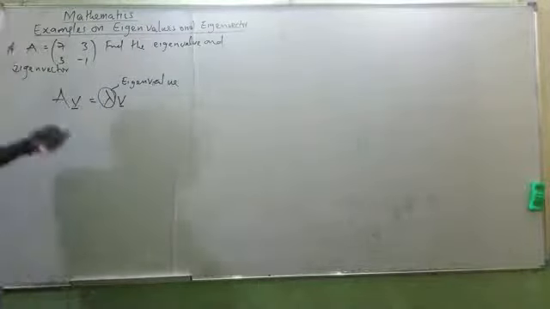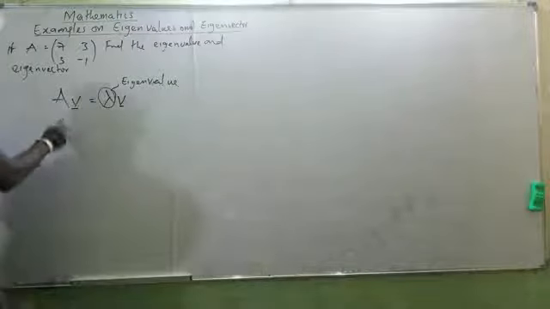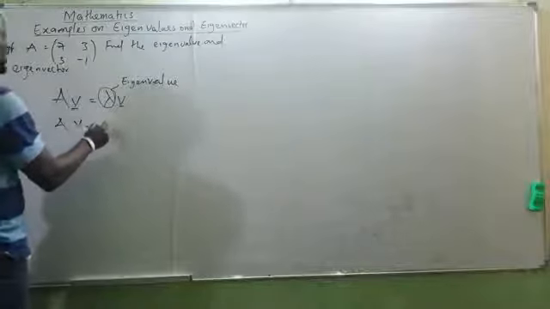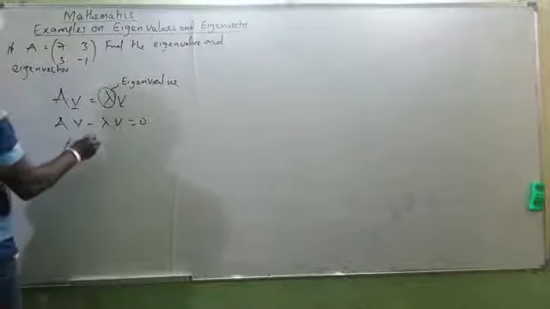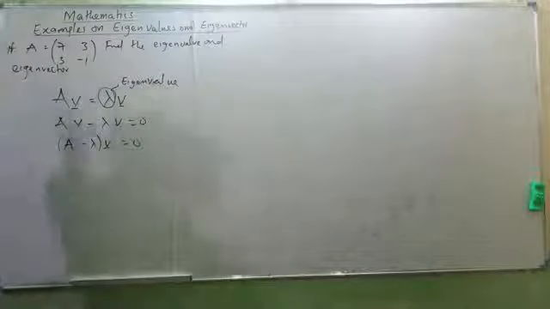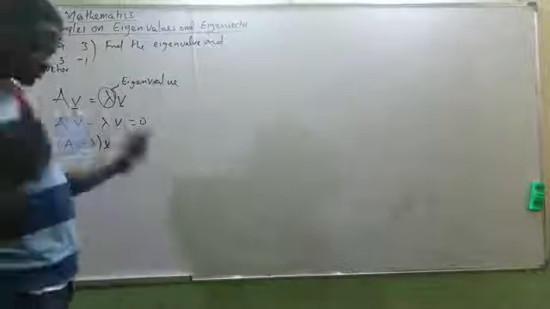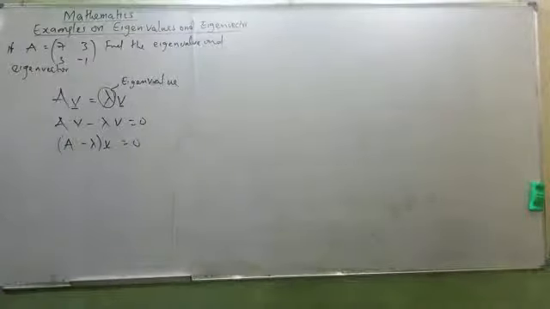Don't forget that, own value. And eigenvector also, which I can reverse by having AV minus lambda V equals 0, which I can also say is A minus lambda, bracket of V, equals 0. By so doing this, I will move on and generate my characteristic equation and other things that I need to find here.